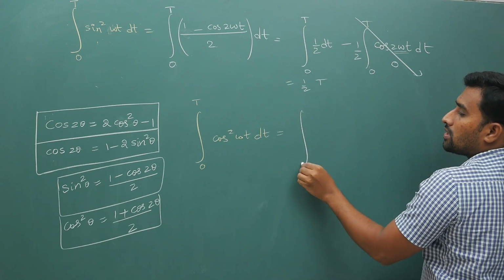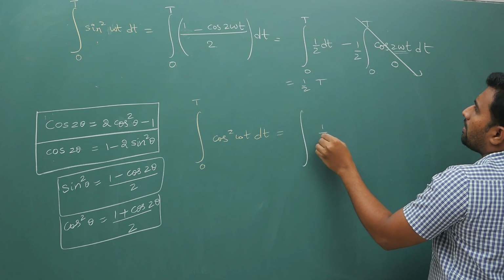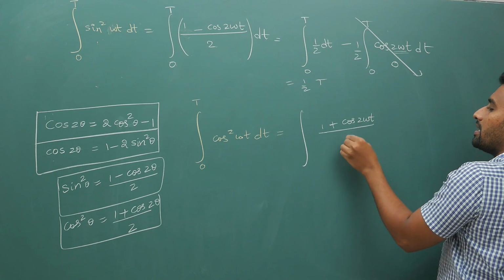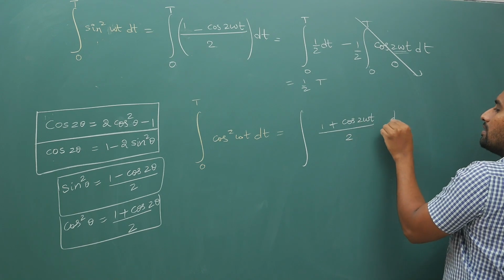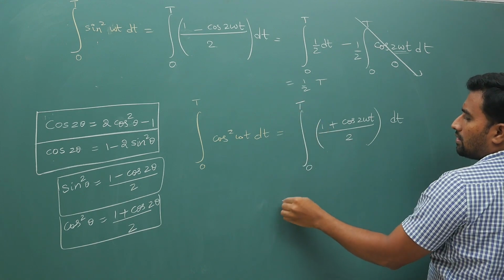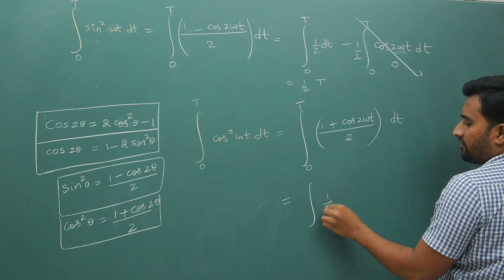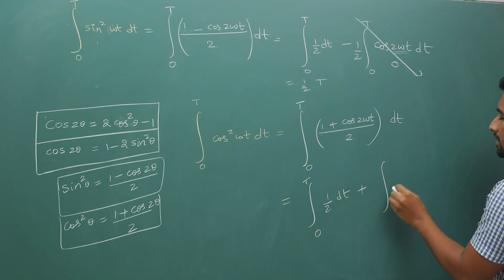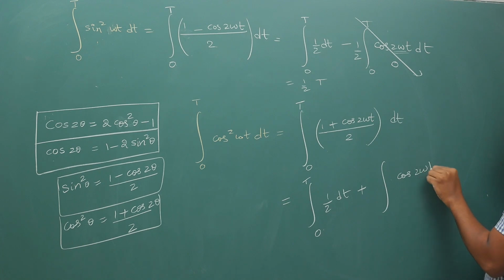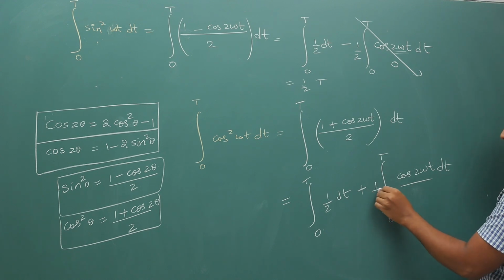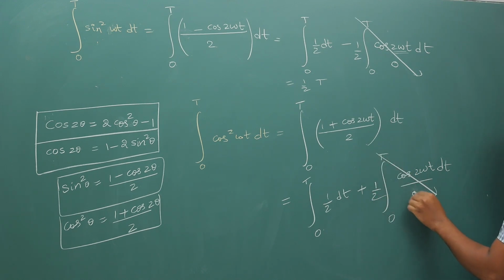Here also you are going to get (1 plus cos 2 omega t) by 2 times dt, from 0 to T. That is equal to the integral of 1 by 2 dt from 0 to T plus the integral of cos 2 omega t dt by 2 from 0 to T. For a full cycle this term is also 0.